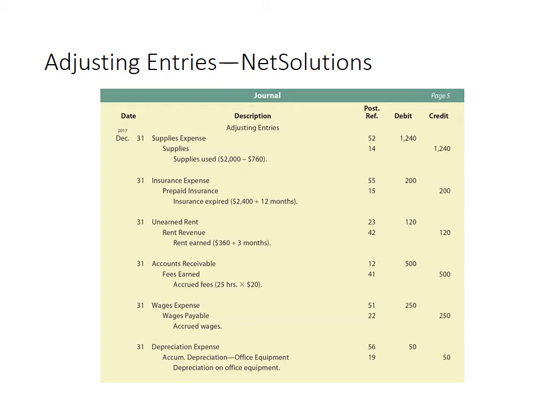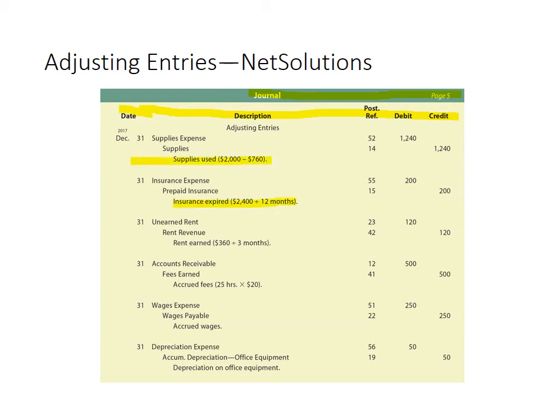So these are our adjusting entries for Net Solutions. And remember, this is what a journal looks like, and this is the way that they were recorded originally. Up here at the top we have that this is the journal, page 5. We show the headings of a description and the reference, the debit, the credit, and the date.